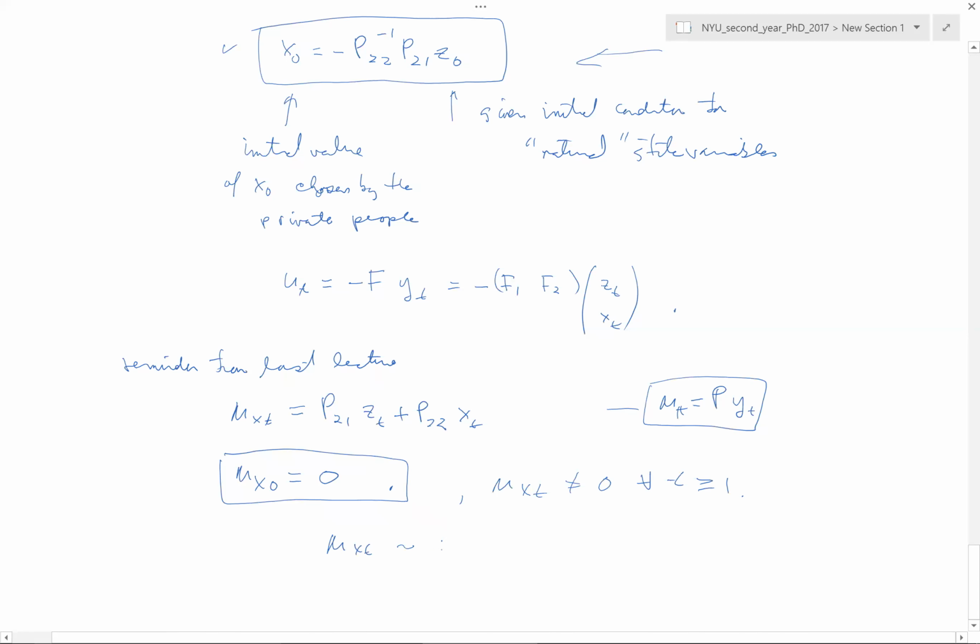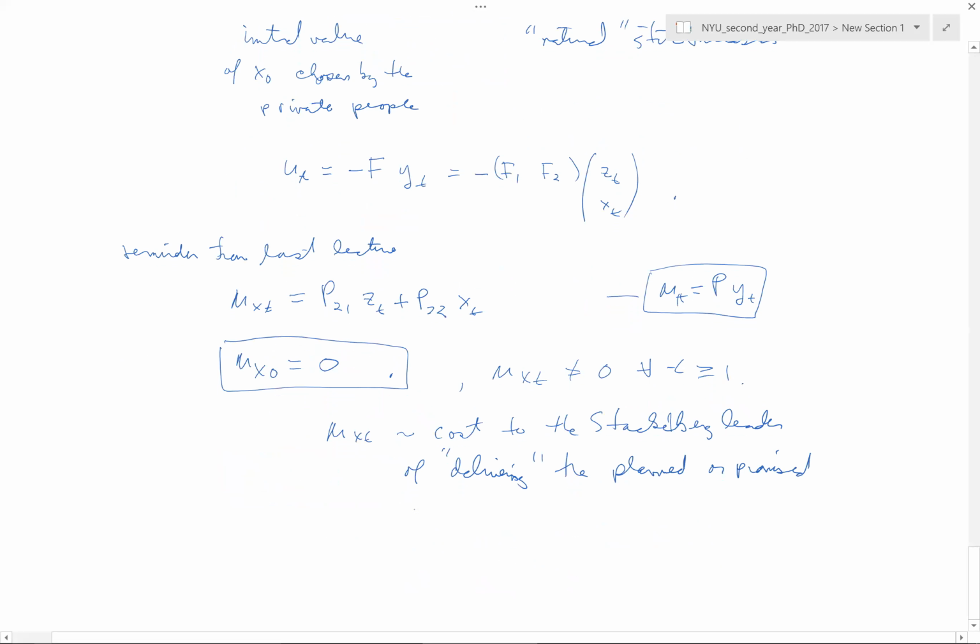It's the cost to the Stackelberg leader of delivering the planned or promised xt's to the followers.